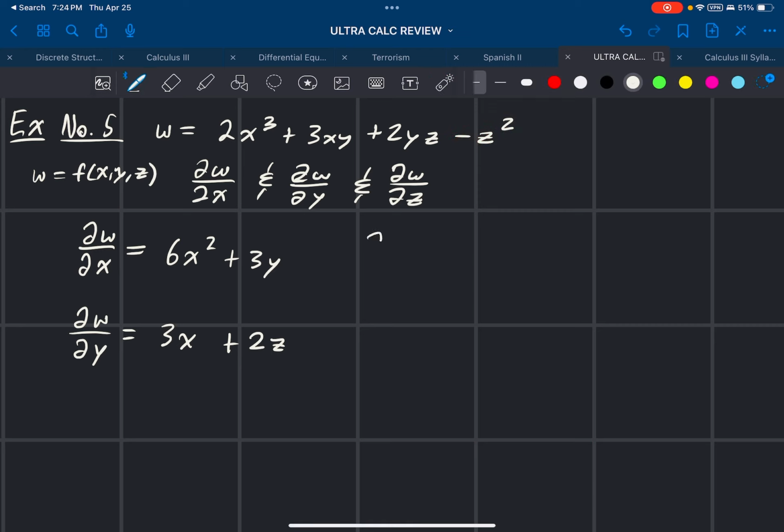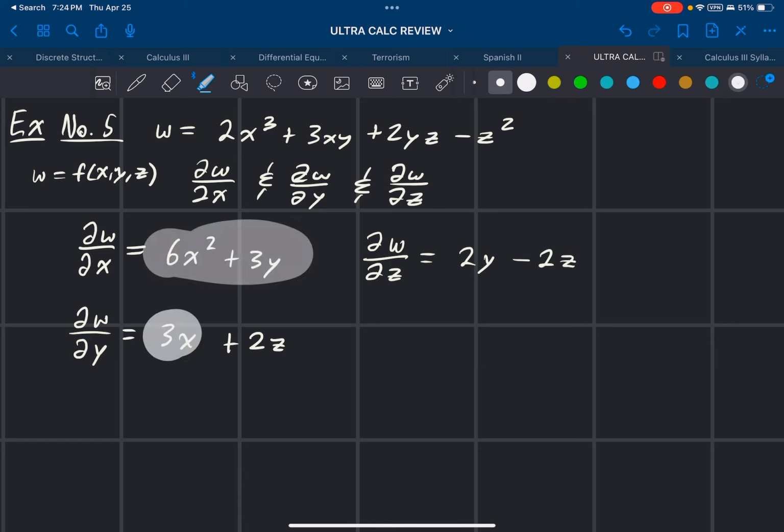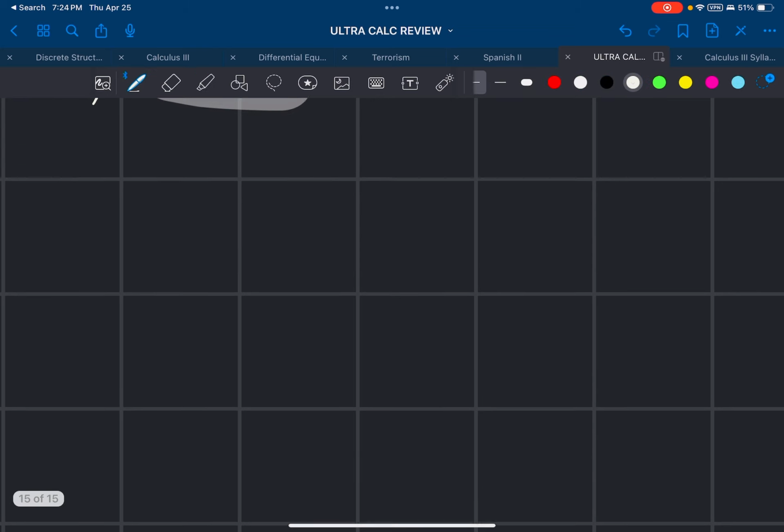Okay, then let's take the final partial, w with respect to z. So right off the bat, these first two terms get eliminated, and then we have 2y minus 2z. And I think everything here looks right. So we're done there. Okay, let's move on to our next example.